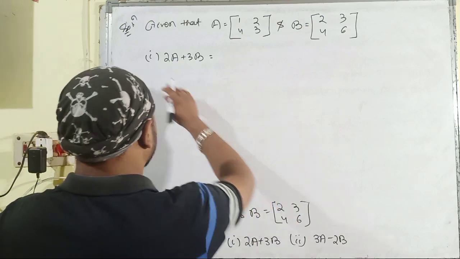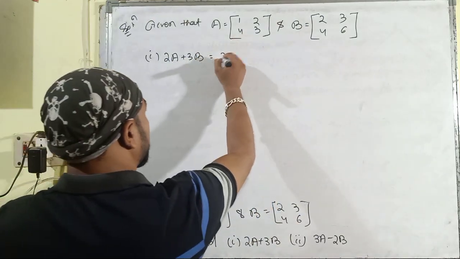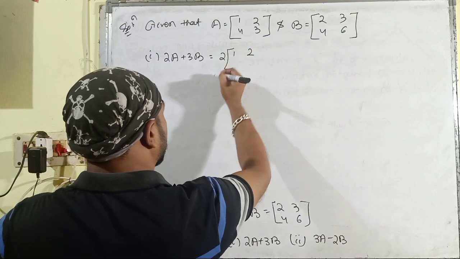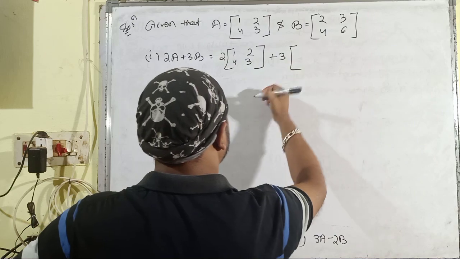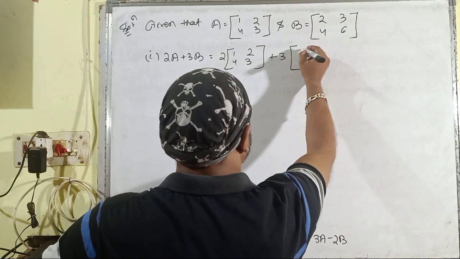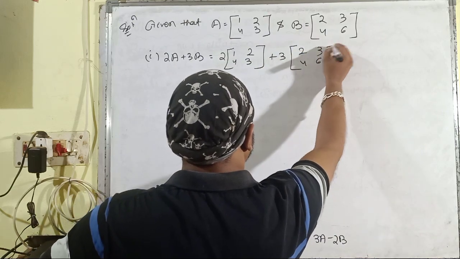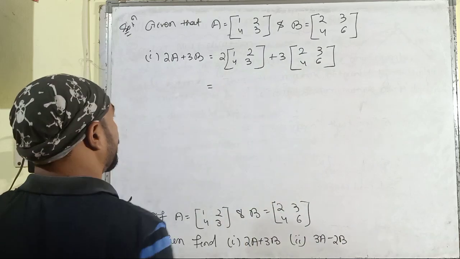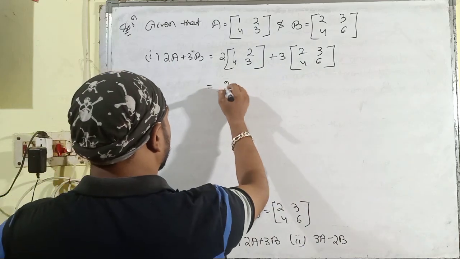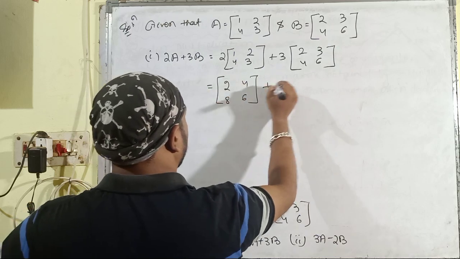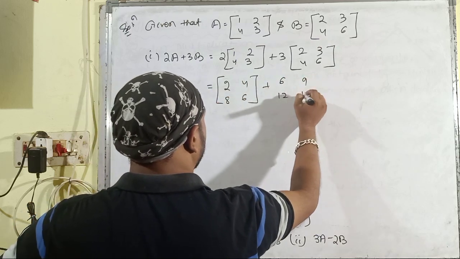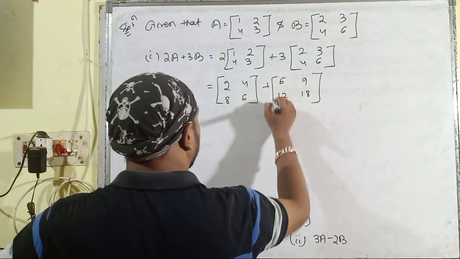So let us multiply 2 with the first matrix. 2 multiplied with the matrix containing the elements 1, 2, 4, 3 plus 3 multiplied with the matrix of the elements 2, 3, 4, 6. Then it will be 2, 4, 8, 6 plus 6, 9, 12, 18.